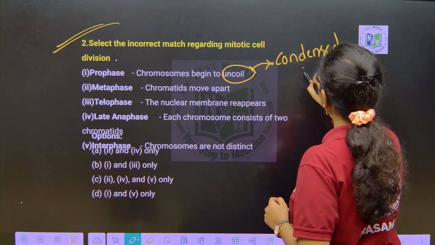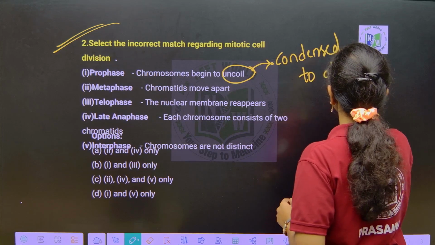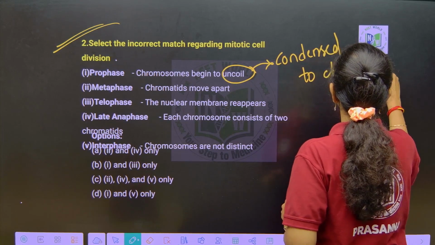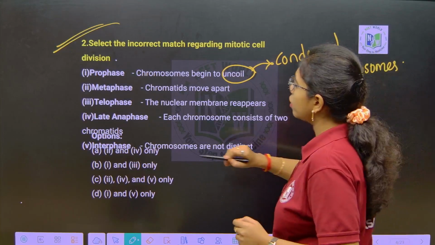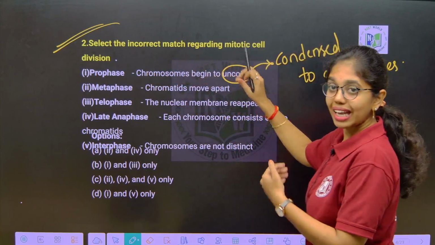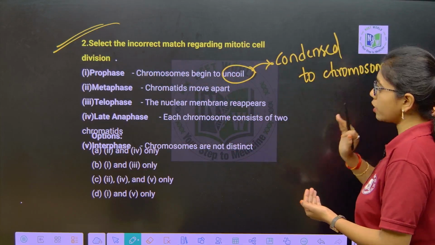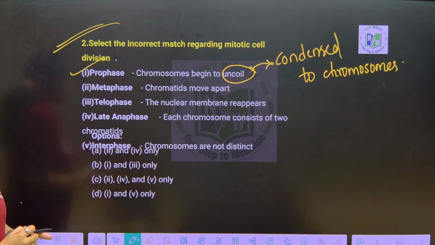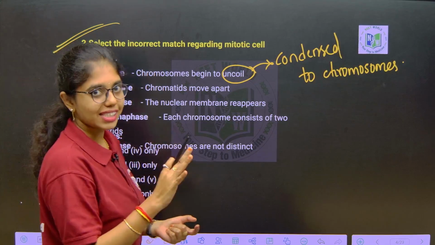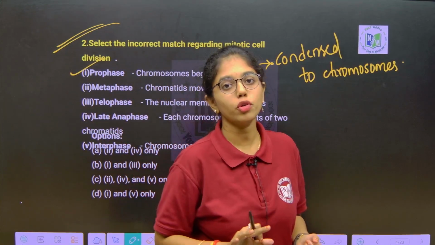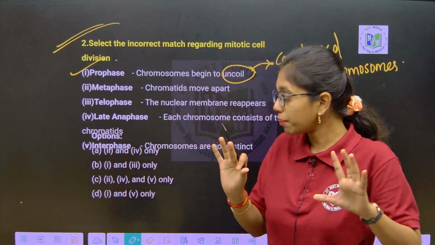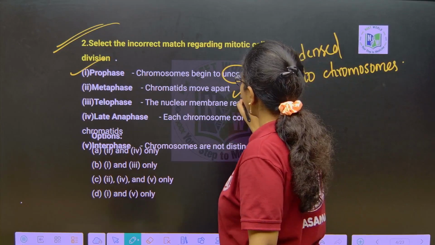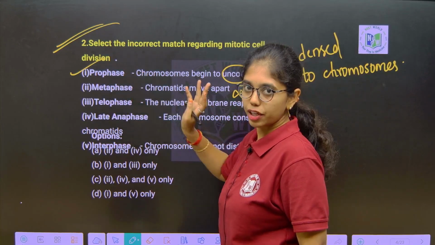So 1 is correct. Next, metaphase, chromatids will move apart, he is saying. In metaphase, chromatids will not move apart, they will stay on the metaphasic plate. So this is wrong. If here anaphase is written, then it would be correct.